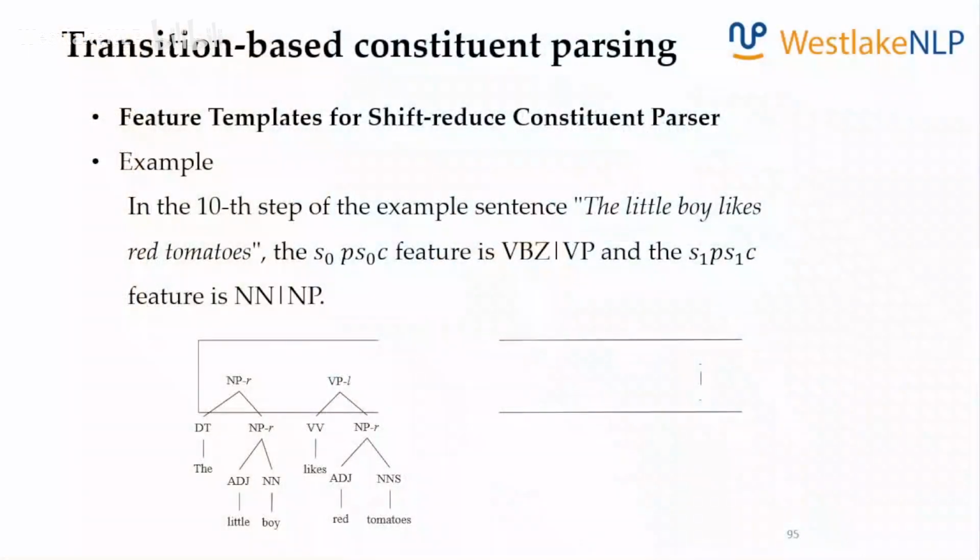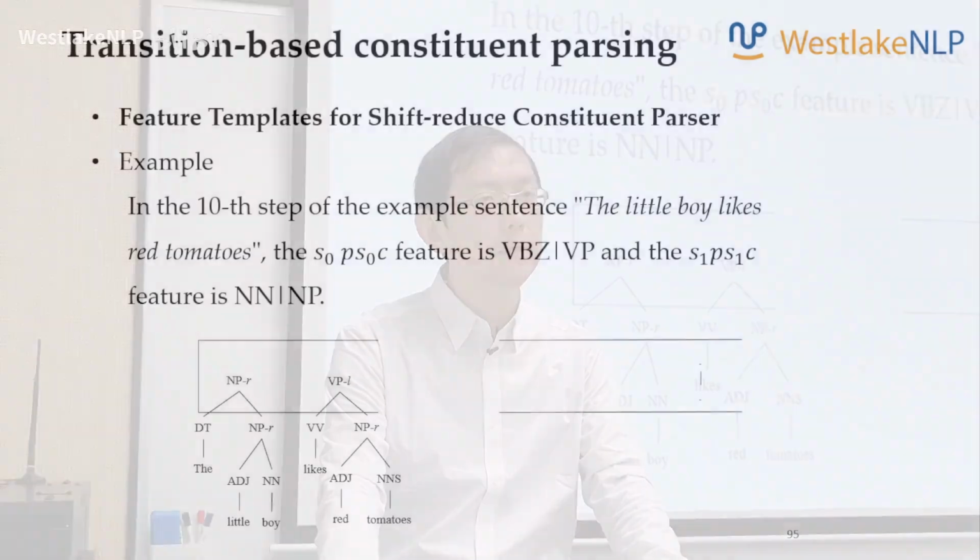The example is S0P, S0C. What does it mean? It means the top of the stack. I look at the part of speech and the constituent label. If the state is shown in the figure below, then the top of stack, the part of speech, and the constituent label will be VBZ and VP, because the head word part of speech is singular third person verb, and the corresponding constituent label is a verb phrase.